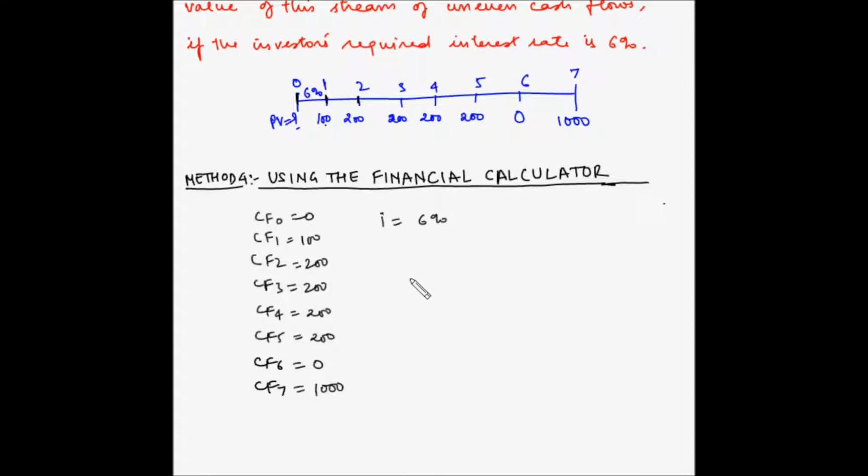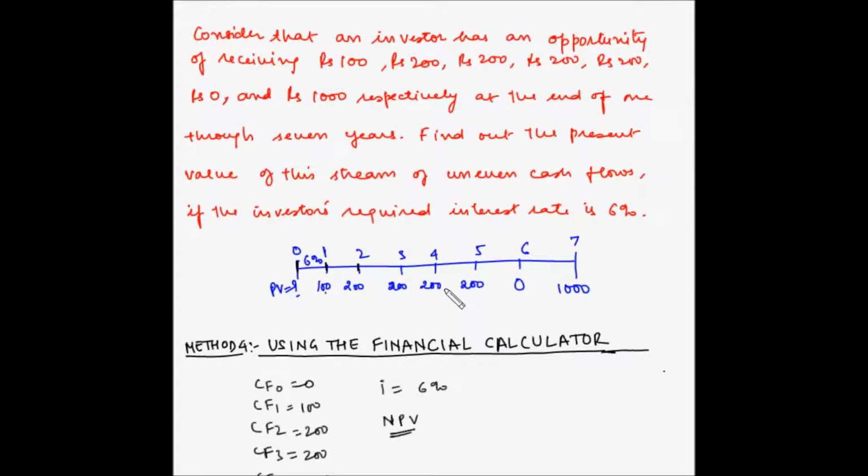And then we have to press the net present value. Net present value, because the cash flows could be positive or negative. So this NPV or net present value gives us the net value of the cash flow at the beginning of the tenure. So let us look at the financial calculator.